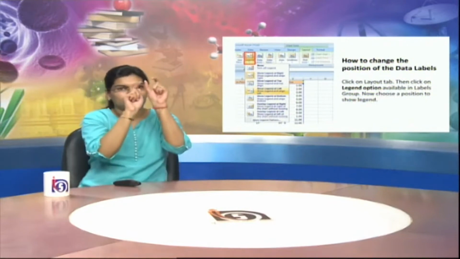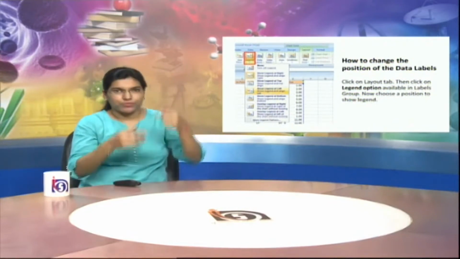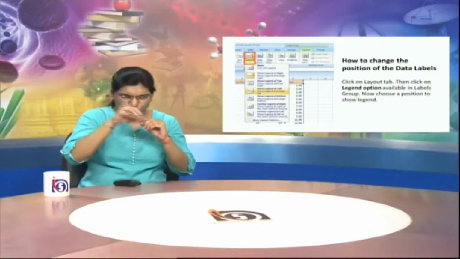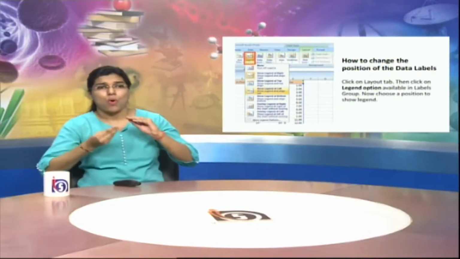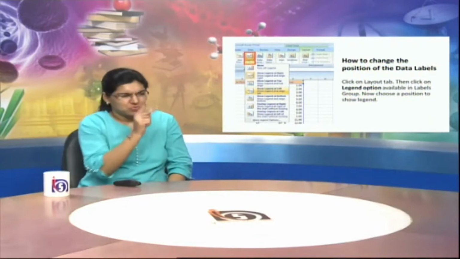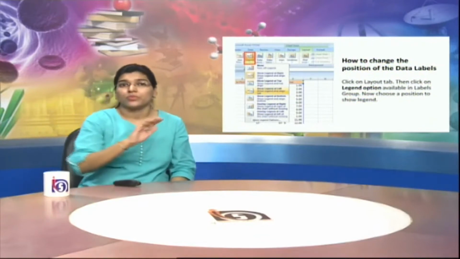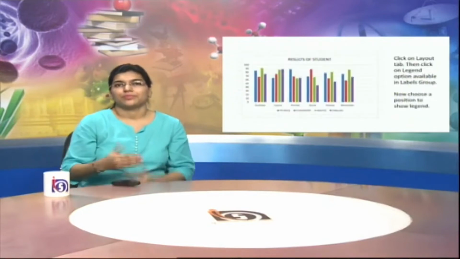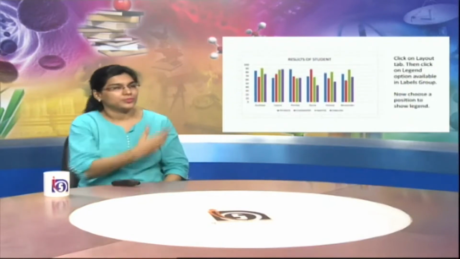That red border you can see, when you click on that, a pop down opens up. There you can choose as per your choice and then select that, then choose OK, and then accordingly you can see the picture.